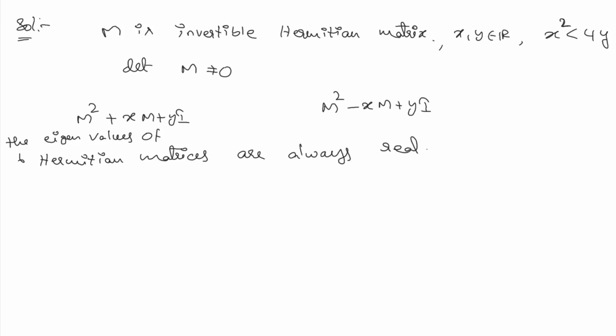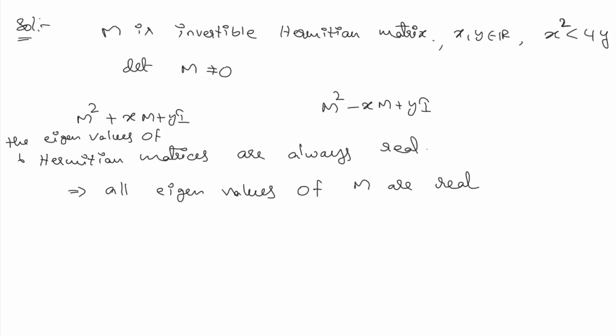That means, since M is a given Hermitian matrix, all eigenvalues of M are real only. Now, considering this statement, we check which one among these two matrices is singular for this condition.